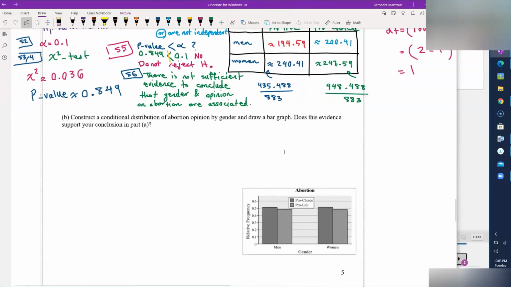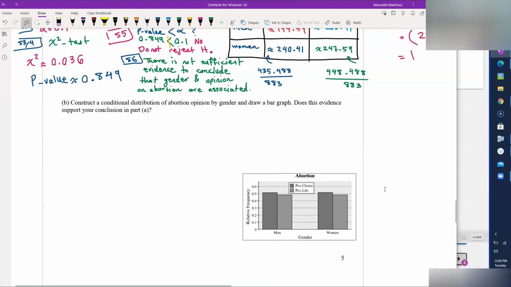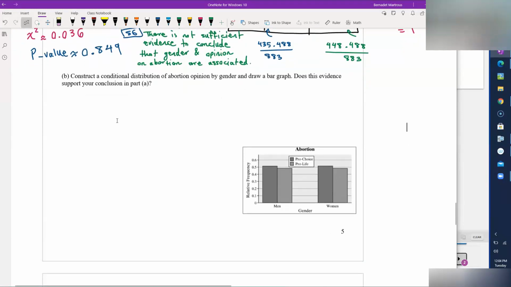Now part B, construct a conditional distribution of proportion opinion by gender and draw a bar graph. We already have this bar graph on the test for section 12.2. I will not ask you to draw a bar graph. You already know how to draw. Does this evidence support your conclusion in part A? So this one is asking to construct a conditional distribution.